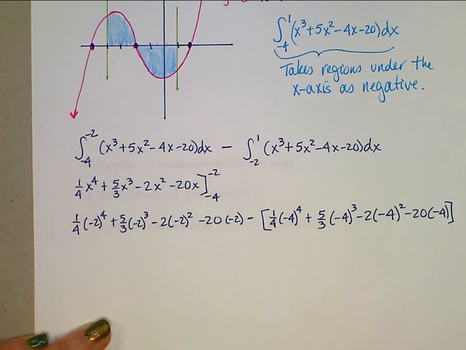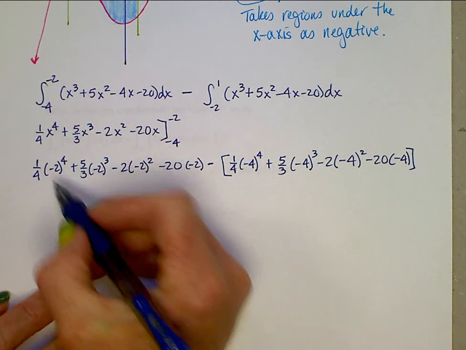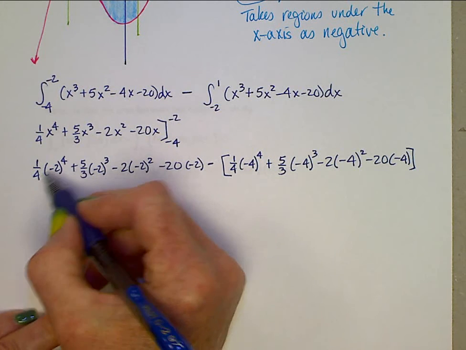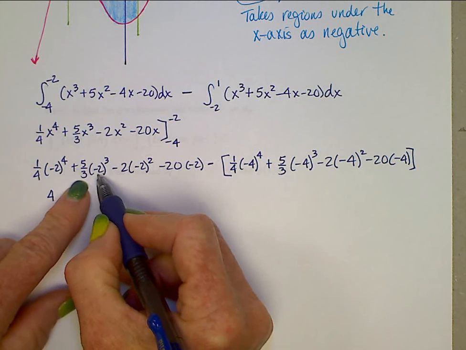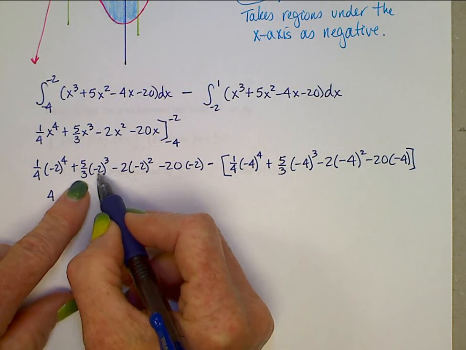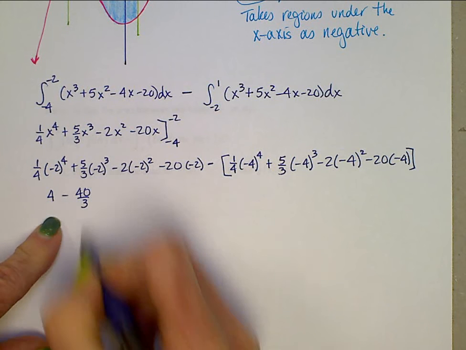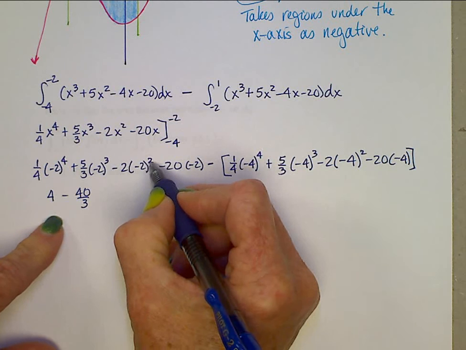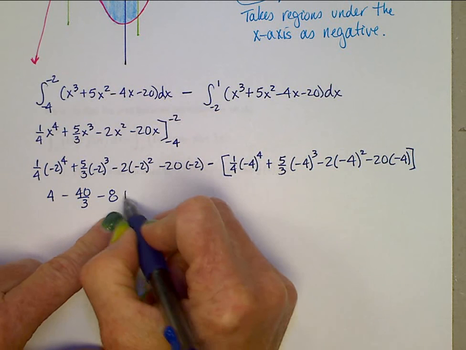All right, we've got some fractions simplifying here. Negative 2 to the 4th is 16. 1/4 of that's 4. 5/3 times the negative 2 cubed. Negative 2 cubed is negative 8 times 5, so this is minus 40/3. Negative 2 squared is 4 times the negative 2, so minus 8. And then plus a 40.